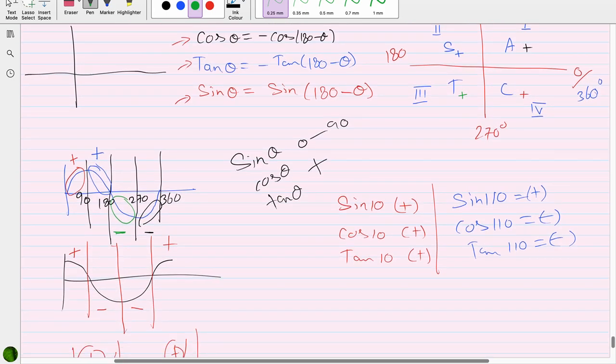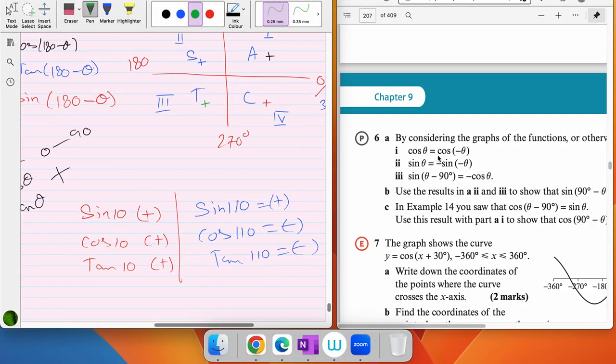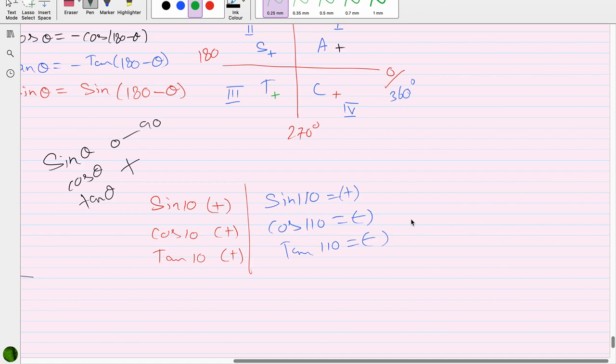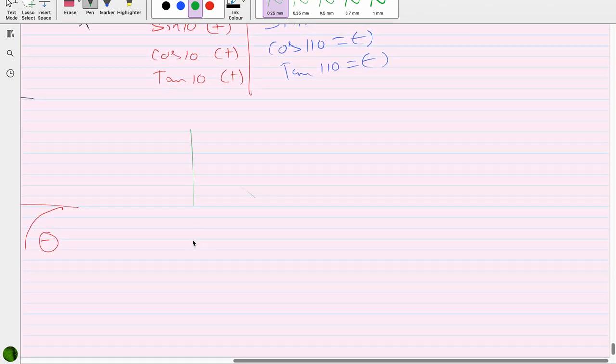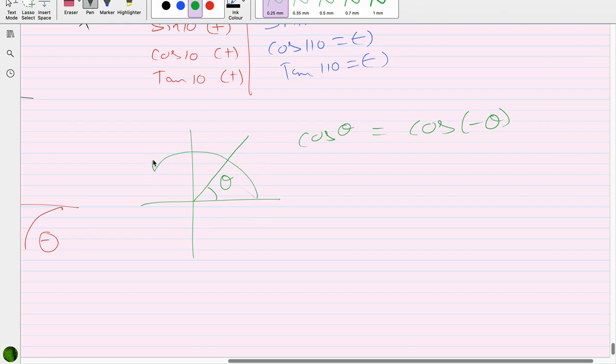So if we come back to this question, it says cos theta is equal to cos of negative theta. If you write cos of theta, draw this and label this as theta, the other part is cos of negative theta. A positive theta means you are moving in the anti-clockwise direction, and negative theta means you are moving in the clockwise direction.